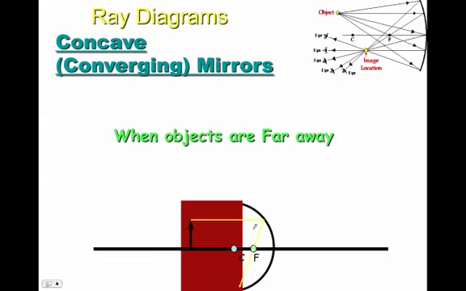Well, the light rays go like that and like that. And here's what would happen. We would get an image upside down. If the object was a long ways away from the concave mirror, it would look upside down and it would look smaller than the original object.